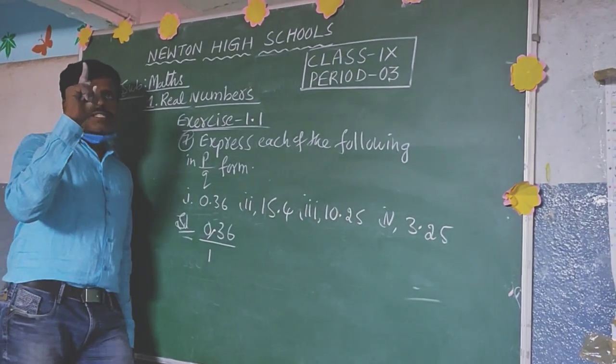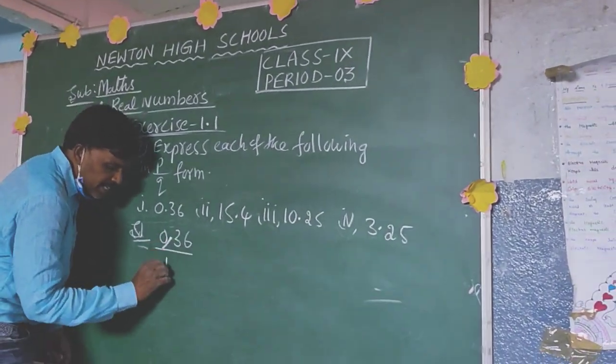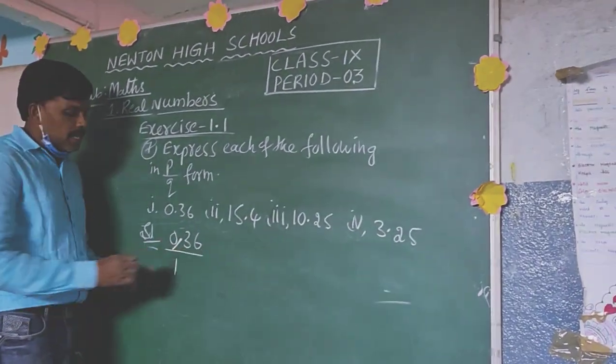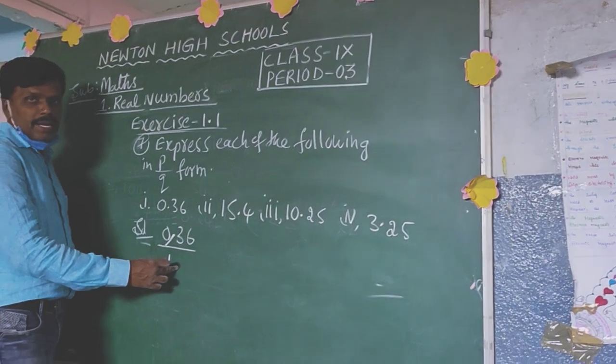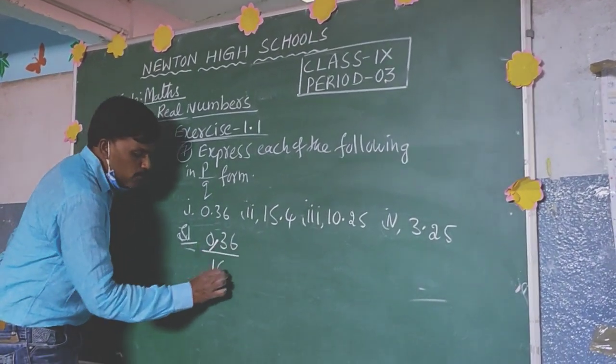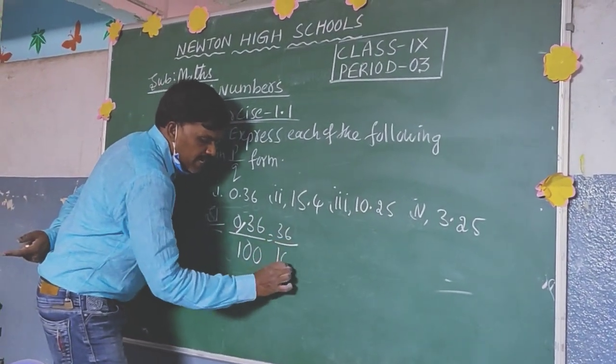Once again, first step, remove the decimal point. Instead of that decimal point, we get 1 in the denominator. After the decimal point, how many digits are there? That many zeros you have to put in the denominator. So here we have 2 digits, so we get 2 zeros in the denominator. That is 36 by 100.